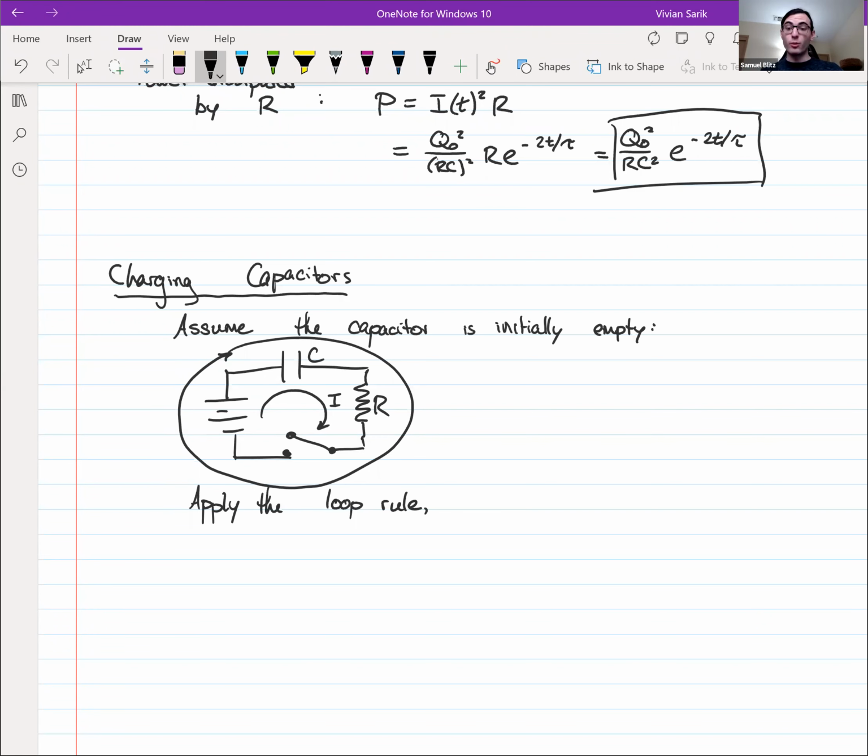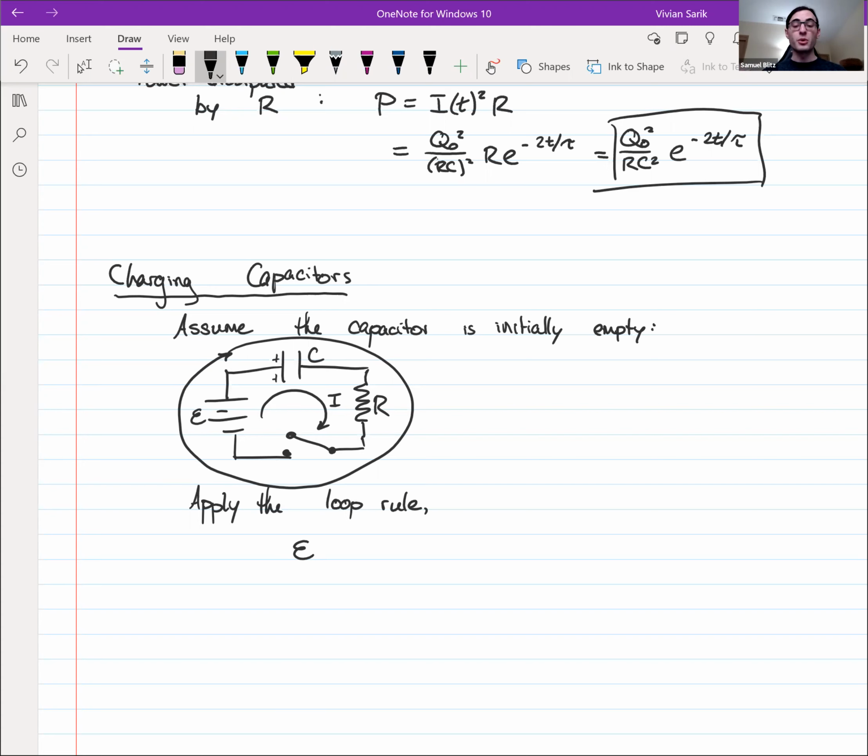And so we can just figure out what the loop equation is. So first we pass by the battery, which has EMF E. And then we have to figure out whether we're passing from positive to negative or negative to positive for this capacitor. If the current really did flow out the top and went into the capacitor, we would end up with positive charges on this plate.